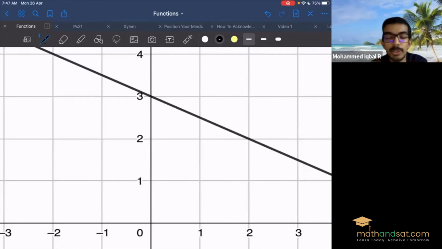Please calculate the slope of the line in this graph. Can you take some time and calculate the slope of this graph?